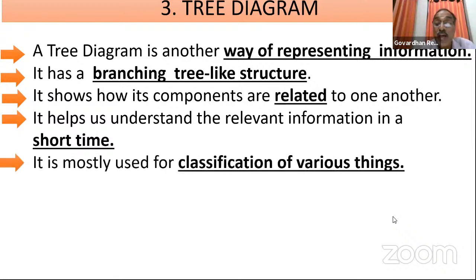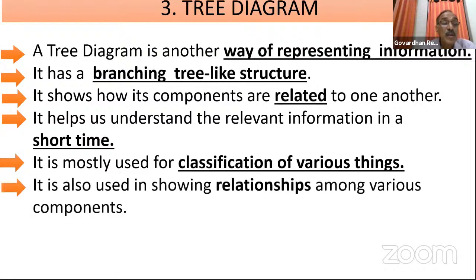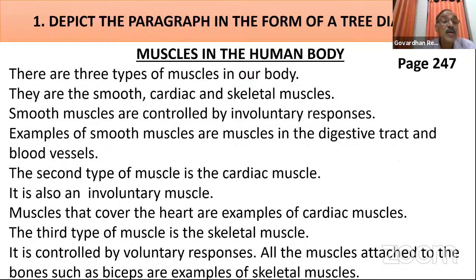It is mostly used for classification of various things. Next, it is also used to show relationships among various components. Next, we shall see one example. Depict the paragraph in the form of a tree diagram, which is on page number 247 in your textbook.